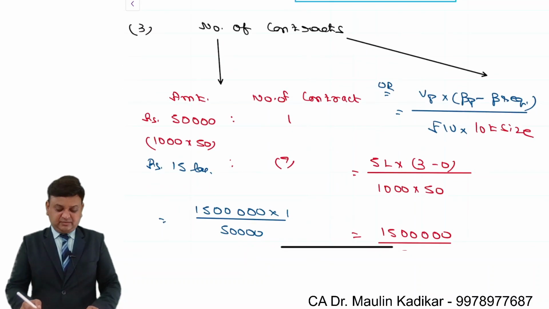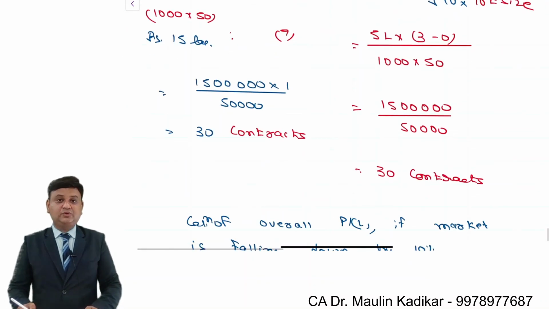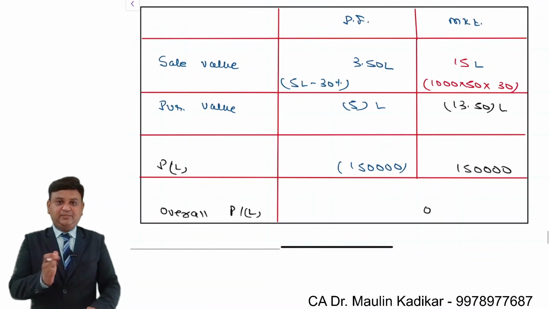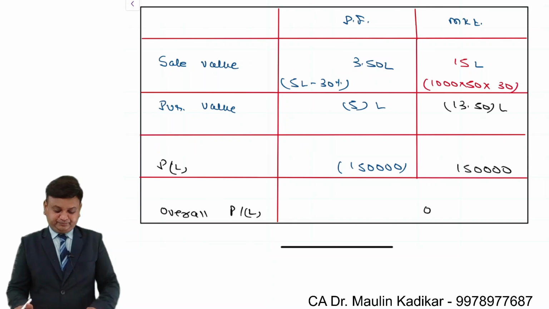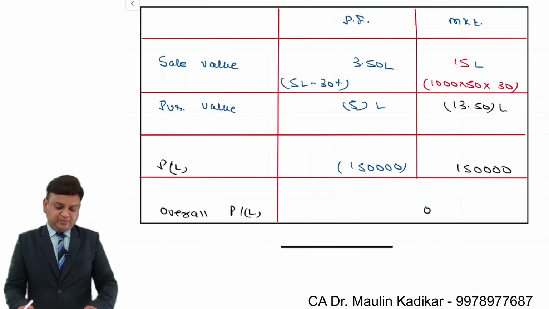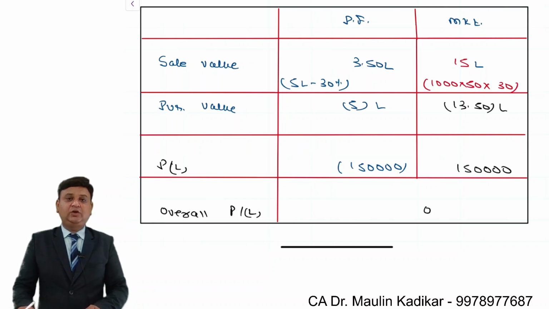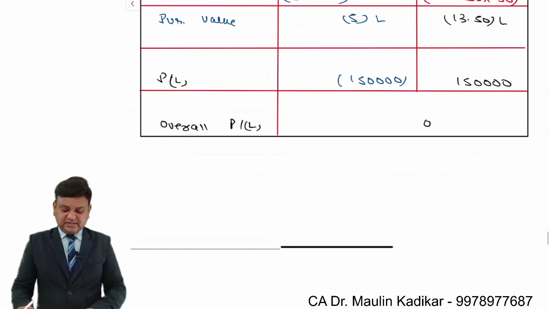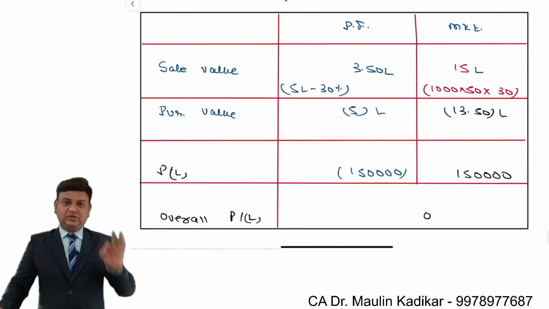The number of contracts can be calculated by one of the two methods, and it comes to 30 contracts. Then calculation of the overall profit or loss in the portfolio and in the market. Whatever loss we have in the portfolio will be compensated from the profit in the index futures, and that is the way the overall risk reduces to 0.